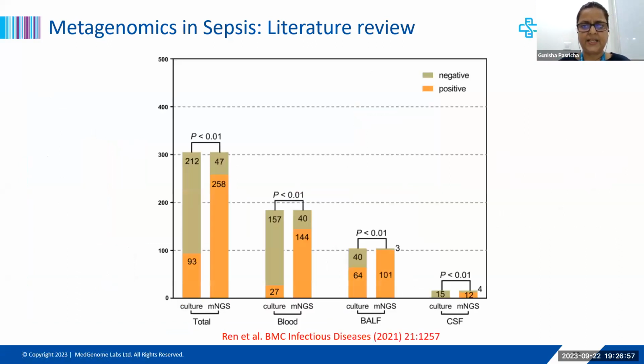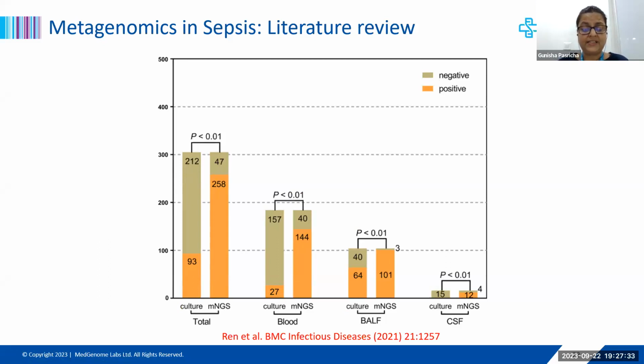Published in 2020. This is another paper in BMC Infectious Diseases in 2021, which talks about a comparison between culture and metagenomics, where this is a larger study of 300 samples, where only 27 samples were positive by culture, while a big number of 144 samples were positive by metagenomics. This was done on blood and even on bowel samples, and the paper also talks about its use in CSF.